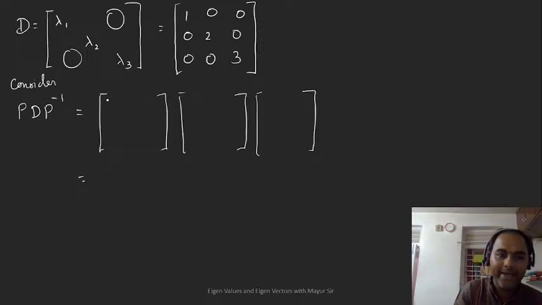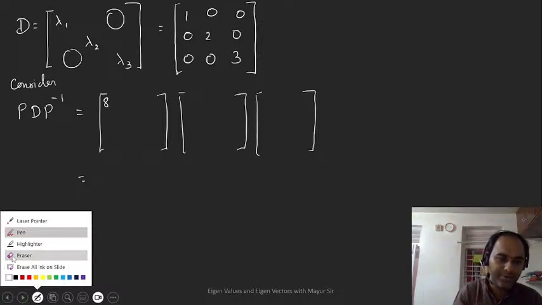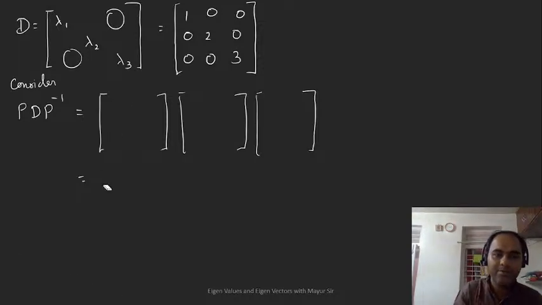If you work a bit smart way out, then you will know what to do. Here you just plug in your answers, whatever the answers are. So 4 3 2, 3 2 1, and 2 1 1. And here you have 1 2 3 0 0 0 0 and 0.